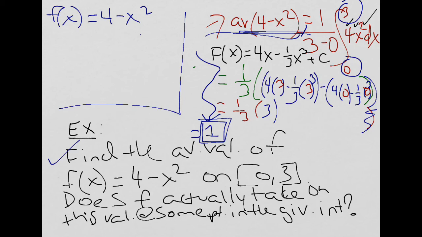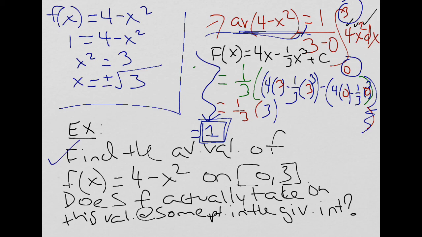So I'm going to take my answer and set it equal to my function and solve. So if I go to solve this, then I get into an issue here, just a tiny bit of one. Don't forget the plus or minus when you go to solve.